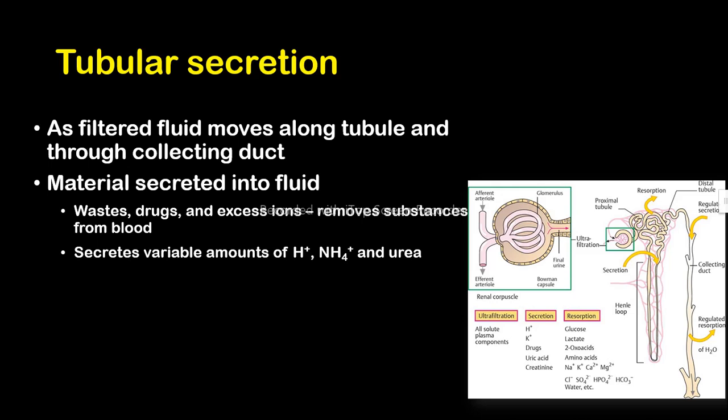Such as drugs. Yes, drugs can also be secreted into the renal filtrate. And excess ions such as potassium ions, hydrogen ions, and ammonia, depending on the need at that particular moment, will determine how much is going to be secreted into the nephron.